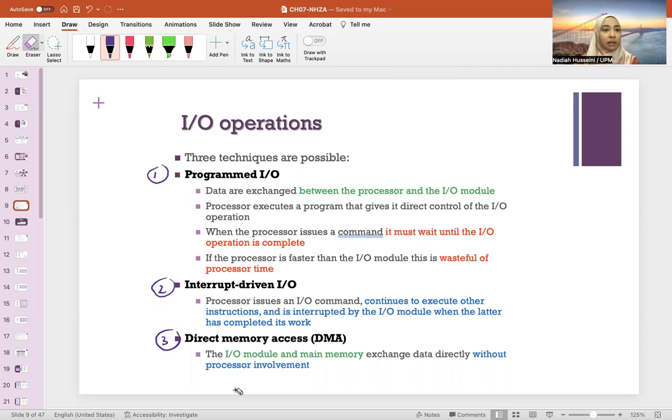And when it is done, it tells the processor, hey, I'm done, you can take back the operation. The processor is only involved in the beginning and the end. We will talk more on these in detail because this is what makes this chapter. So let's go for programmed I/O first.